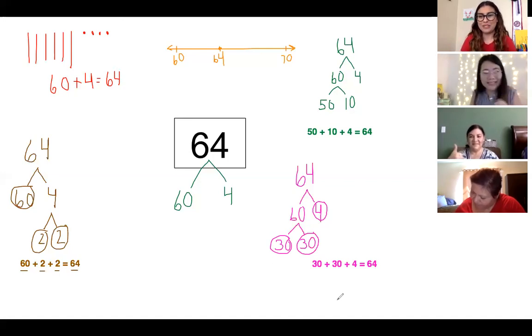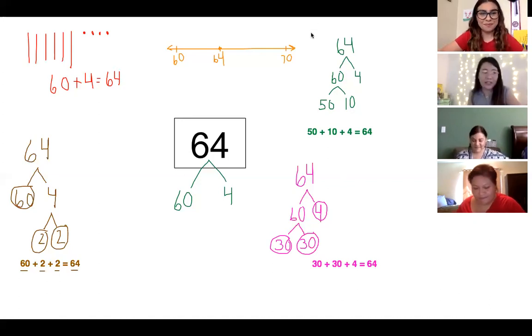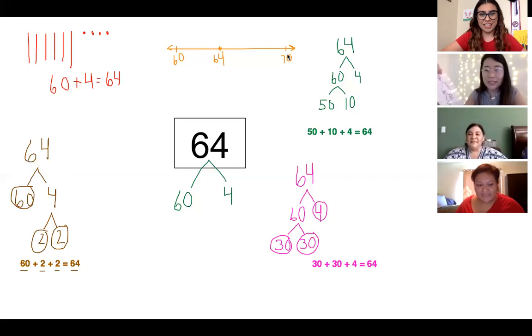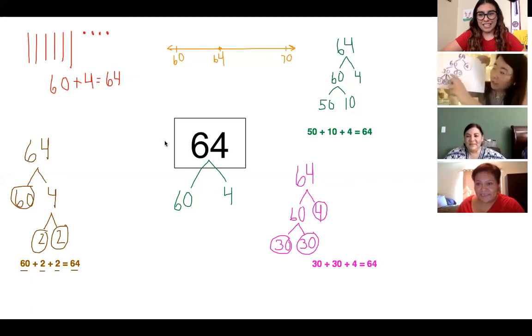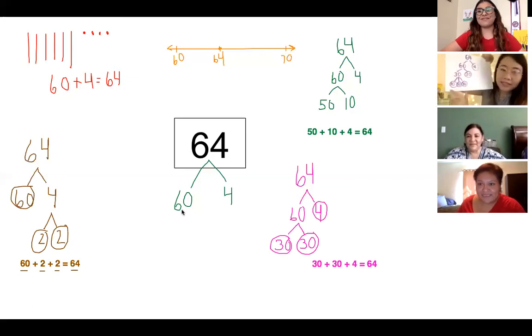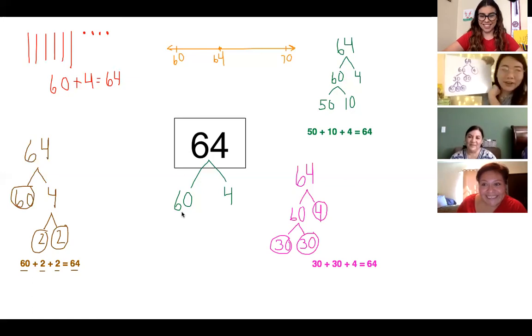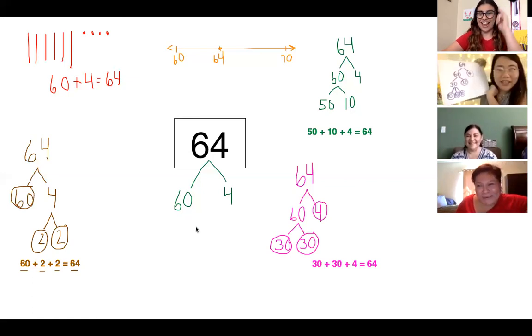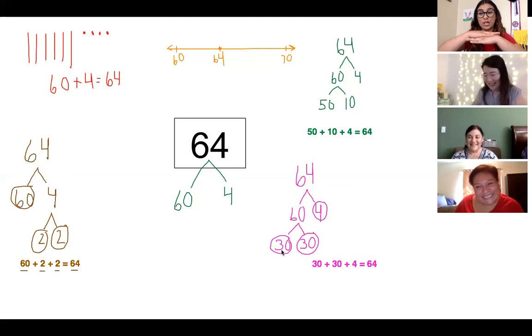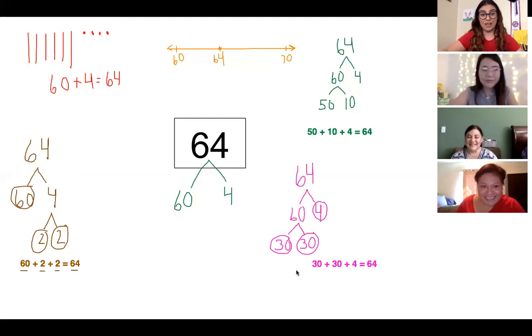So I'm going to have you share your beautiful number sentence with us, or your decomposition. So I just worked off of Ms. Rosales' last decomposing, and I just broke down the 30 into 3 10s. So then I did 10 plus 10 plus 10 plus 30 plus 4 equals 64. I was thinking the same thing, Miss T. So she was adding on to Miss Rosales' work, and so I'm just going to add on to Miss Rosales' work with a different color.